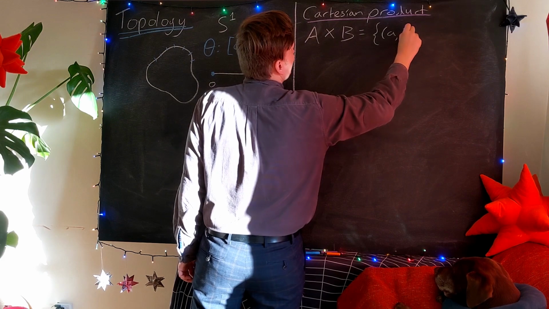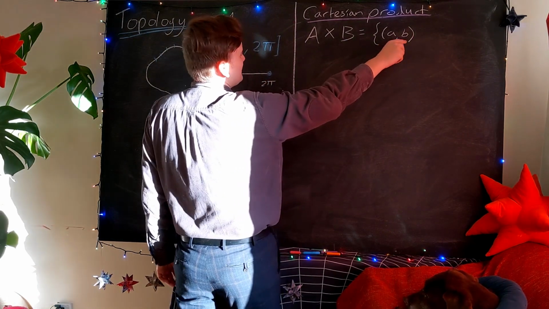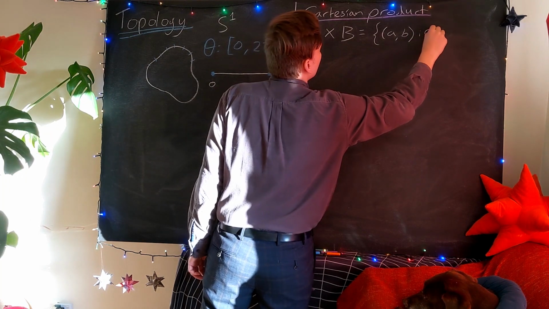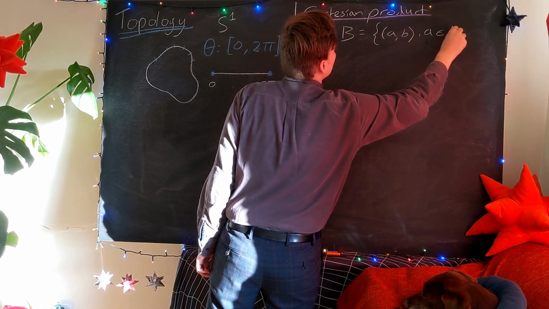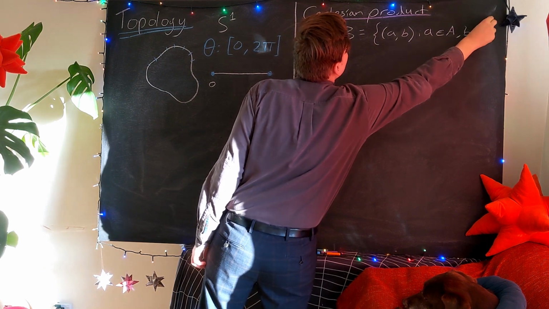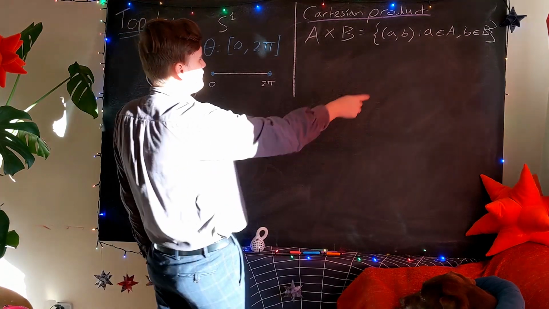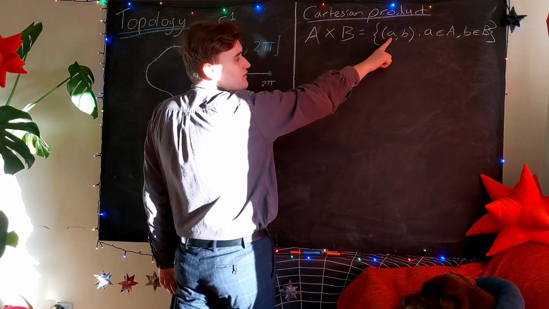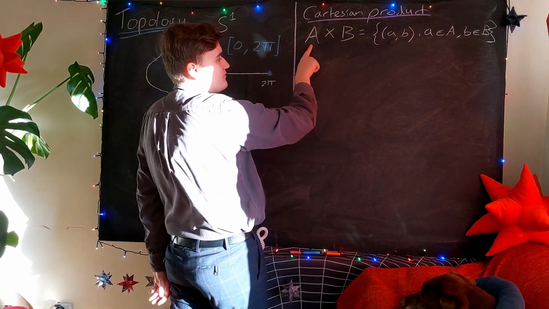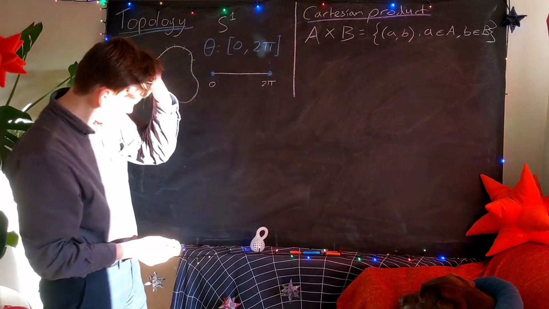I'm going to call the little elements lowercase a and b, lowercase a coming from A, lowercase b coming from B. So now, this is an ordered pair. The first slot has to come from the A set, and the second slot comes from the B set.